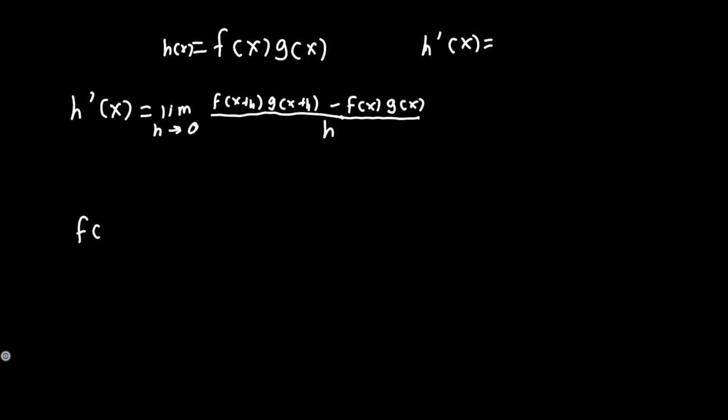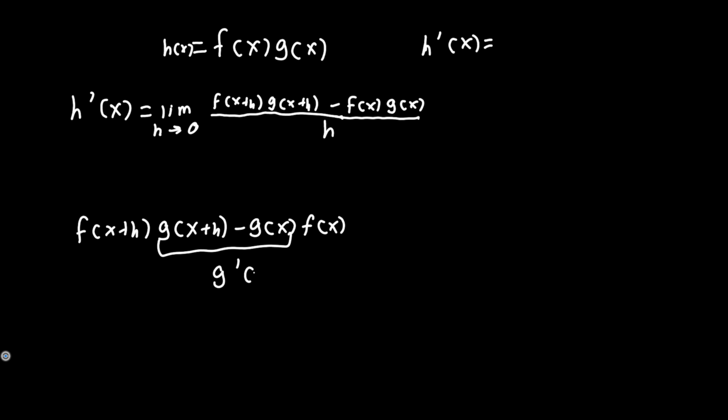We have f of x plus h times g of x plus h and minus g of x times f of x. I want to write it like this so that we could see the similarities, because if we look at this, this is simply g prime of x. But we can't simply say that. We can get the fact that the limit definition is going to apply as well for the manipulated version of f and g.